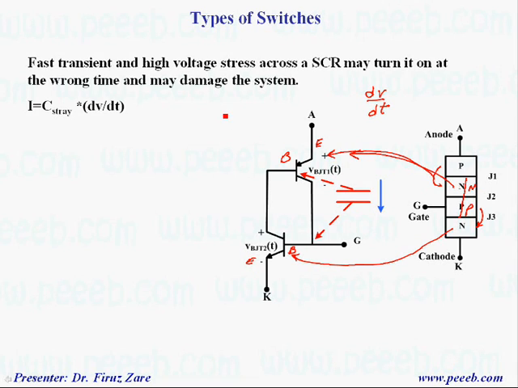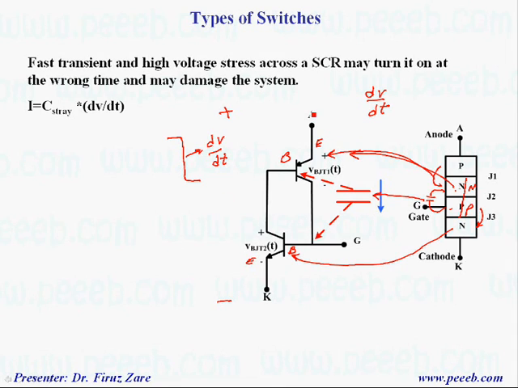When we have positive voltage across the thyristor, and we have significant dv/dt, which happens because of any other switching or any transient across the thyristor, there is a stray capacitance between N and P, which means this capacitor.